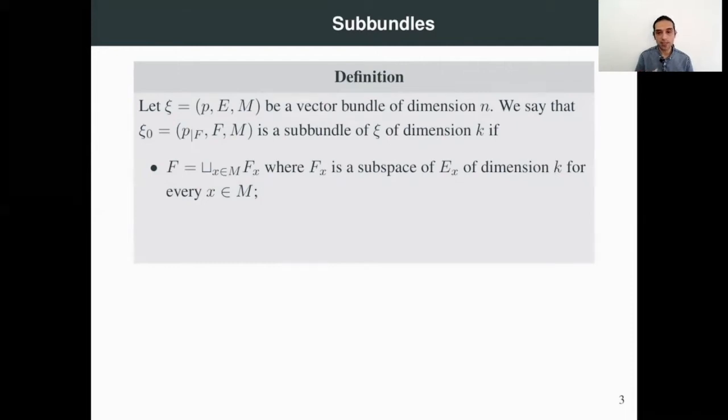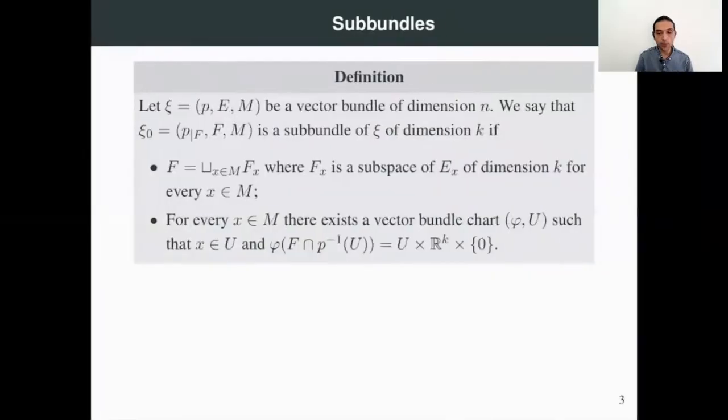Of course, this just defines a family of subspaces of the fibers. In order for this family to define a vector bundle, we need an extra property, of course.